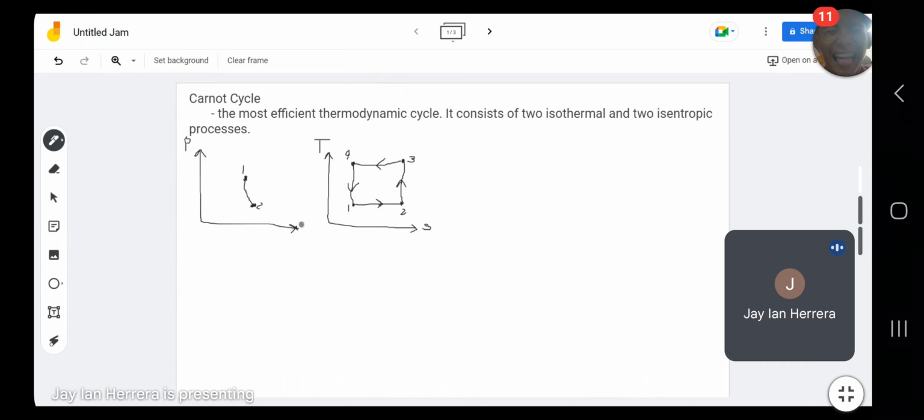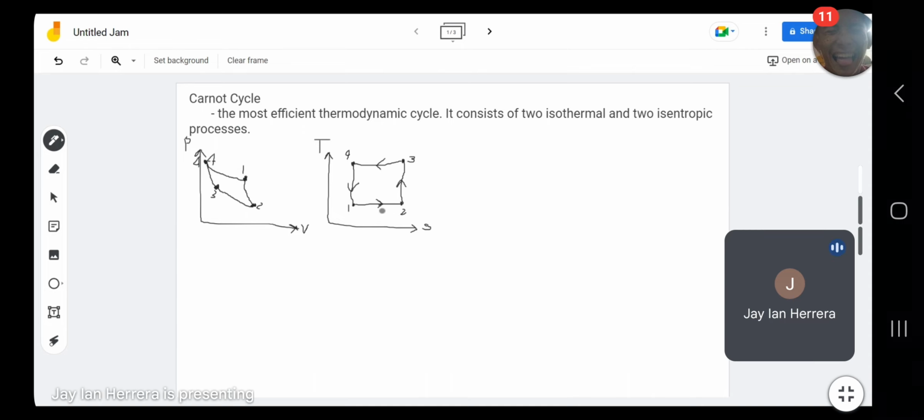An isothermal expansion pala from point 1 to 2. And then adiabatic compression from point 2 to 3. So punta yan dito. An isothermal compression from point 3 to 4. And then lastly is isentropic expansion naman from point 4 to 1.